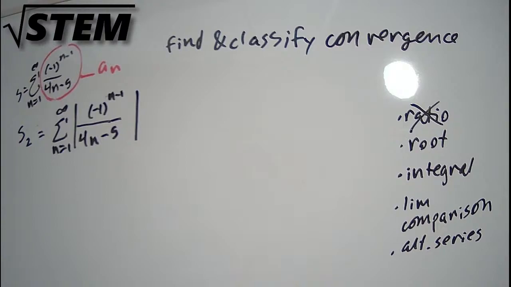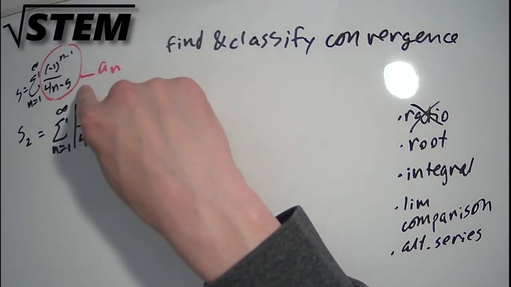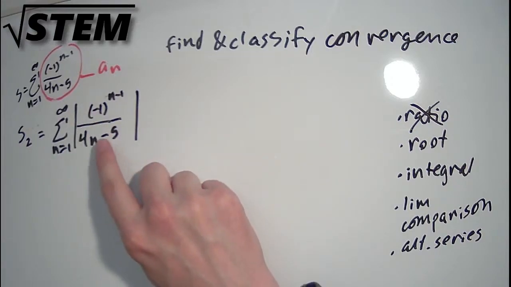So if that converges, and this sum converges, then we would have absolute convergence. I think with the alternating series test, we can find that the original one converges, and then we'll see what we can do for this one.